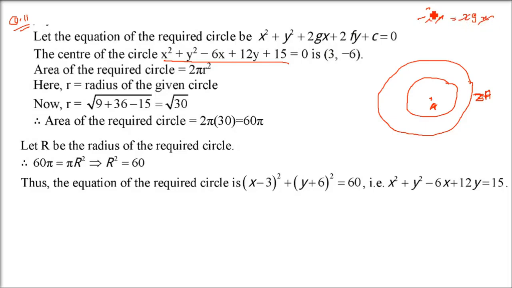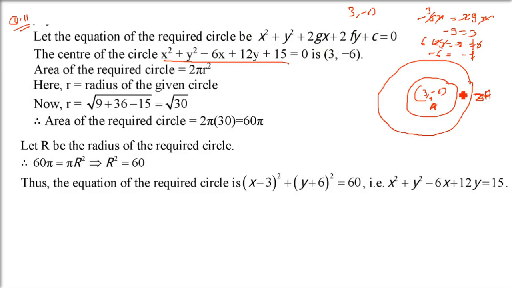X cancel, 2 3 is 6, minus 3. So minus g is 3. Similarly, compare 12y with 2fy. Y cancel, 2 6 are 12, f is 6, so minus f will be minus 6. So 3 and minus 6 are the center.